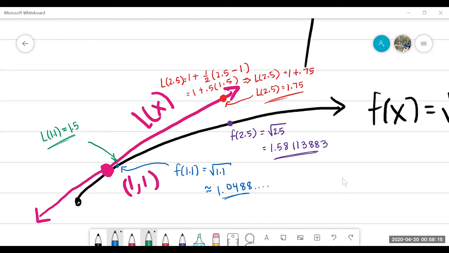The reason for that is this x value, this 2.5, is further away from our point (1, 1) that we used to make this equation at all, right?